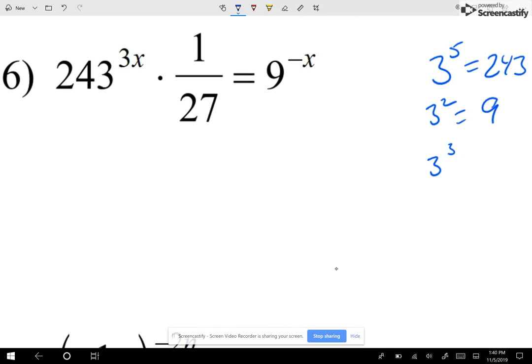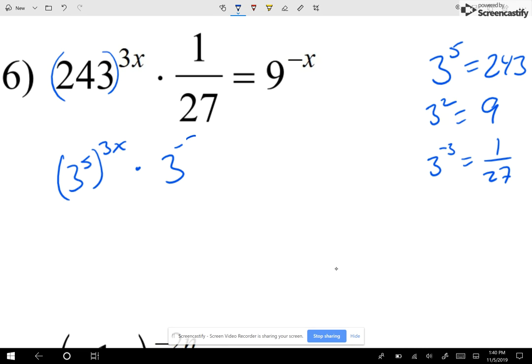So 3 to the negative third should be 1 over 27. All right, so let's take a look. 243, I'm going to rewrite that as 3 to the 5th to the 3x times 3 to the negative third is equal to 3 squared to the negative x.